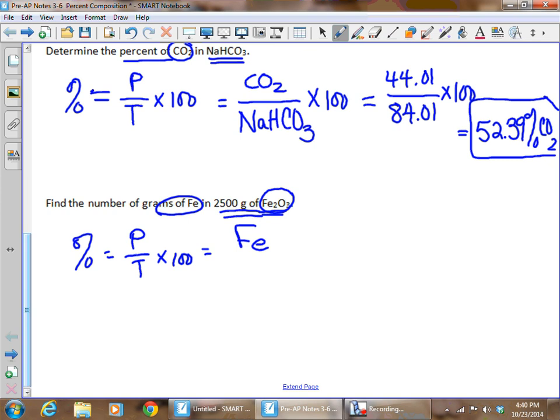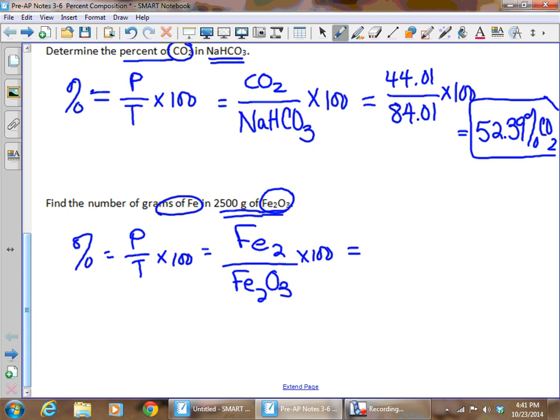Fe2. Now we can do this one of two ways. We could put the 2 in front of the Fe. But even though you can't really write a formula for iron that says Fe2, this still lets us see that there are 2 Fe's in this compound. So I'm going to have you write it like this for now. Then on the bottom, we're going to have Fe2O3 for our total times 100.